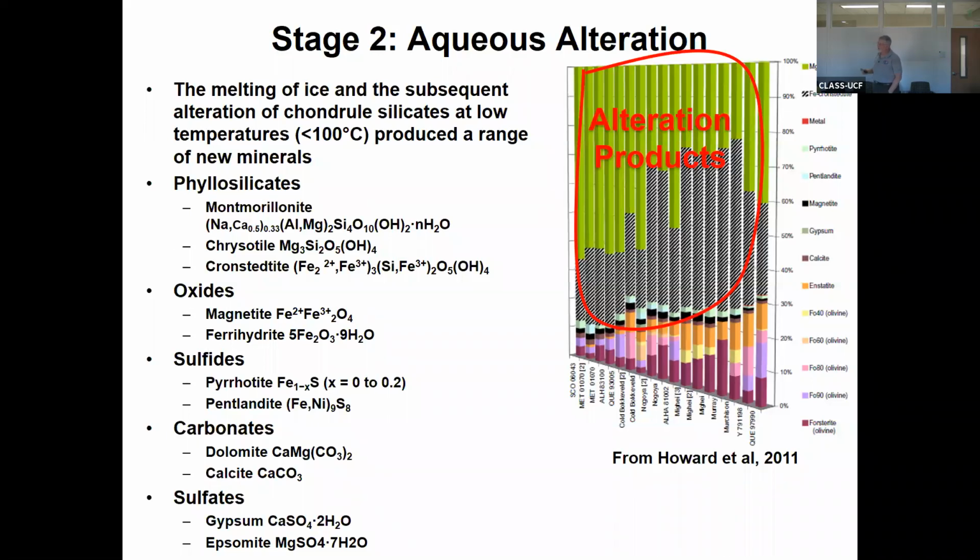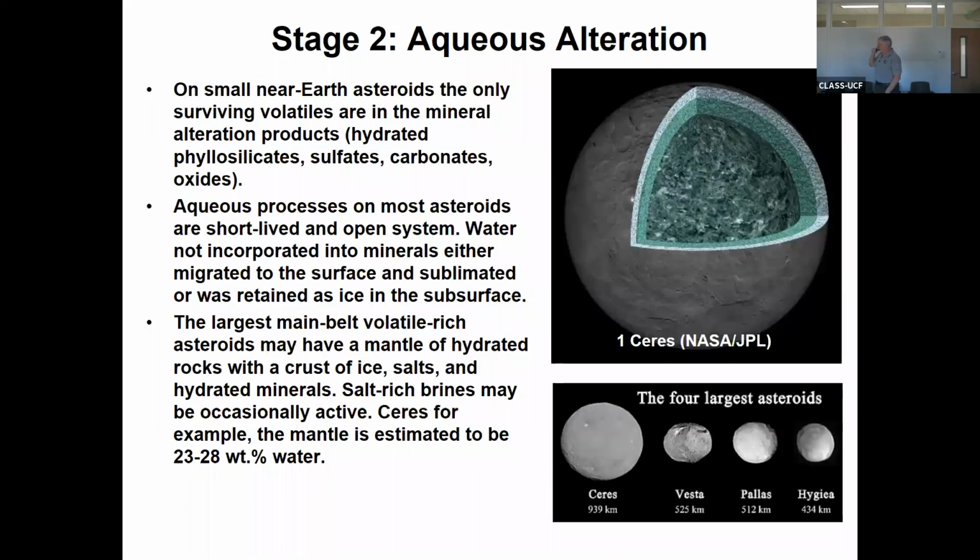And if you look at these things under high magnification, what you see are lots of partially altered chondrules. That is, you've got an olivine chondrule that's being partially eaten into cronstedtite or chrysotile or some sort of phyllosilicate. And this is a story that you see over and over in these guys.